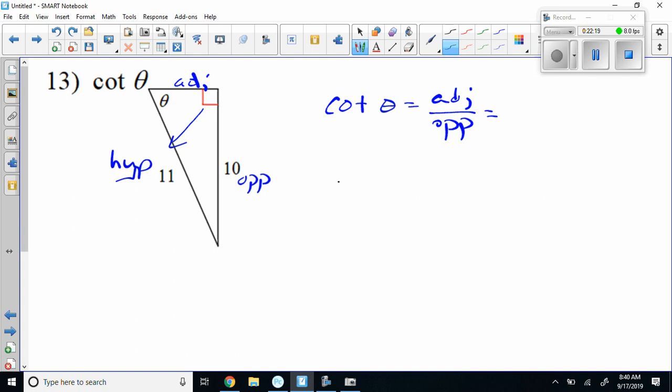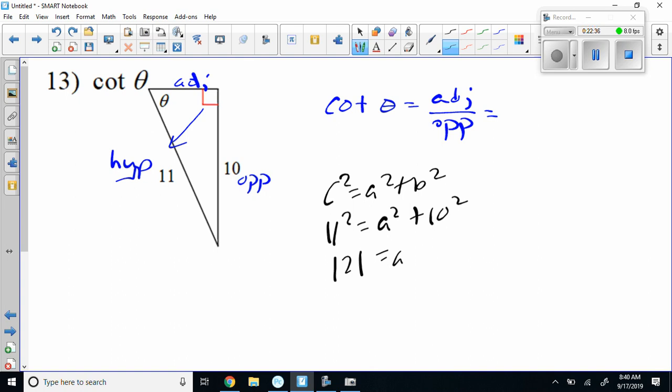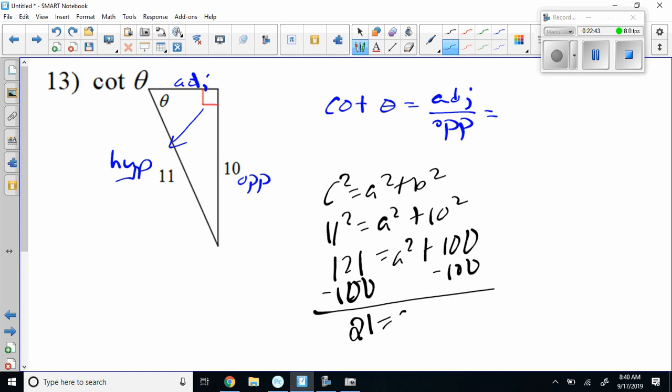So we need Pythagorean theorem, which is c squared equals a squared plus b squared. 11 squared equals, we'll leave a for adjacent, plus 10 squared, so it's 121 equals a squared plus 100, minus 100. What do we get? 21 equals a squared. So of course, when you take the square root of both sides, a is just the square root of 21, right? Okay.